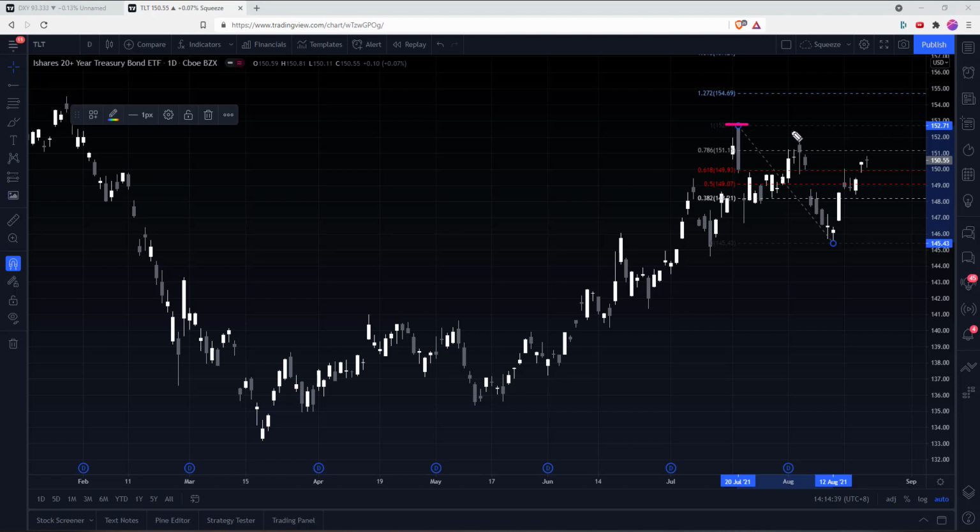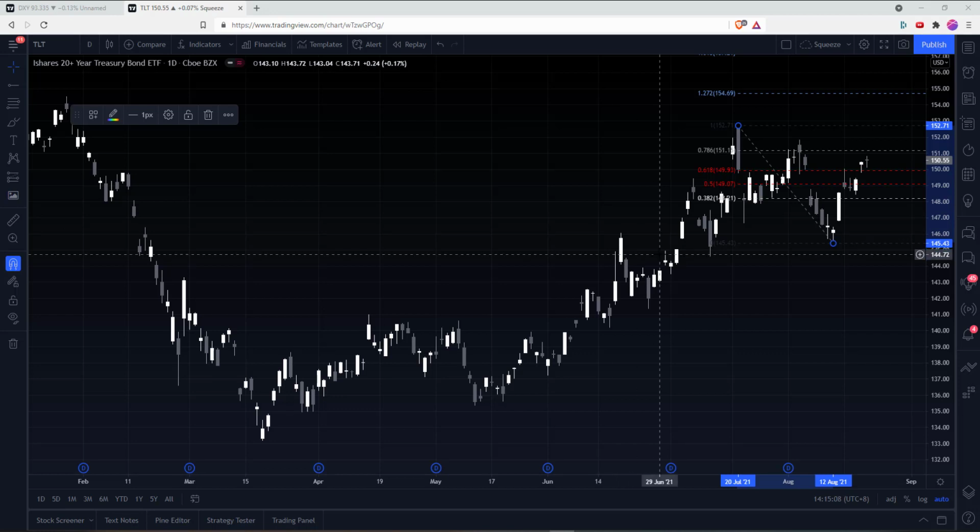Now, if TLT rallies up here, or even only up to here, and fails and rolls back down, that's going to have asset allocation implications. Falling bonds, like a falling dollar, is a risk-on move. When bonds fall, bond yields rise.